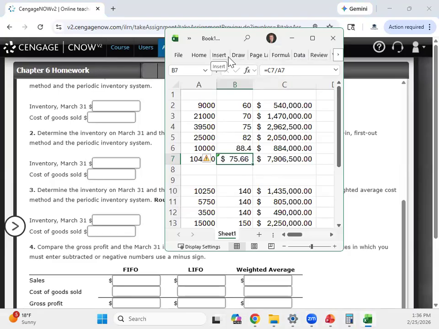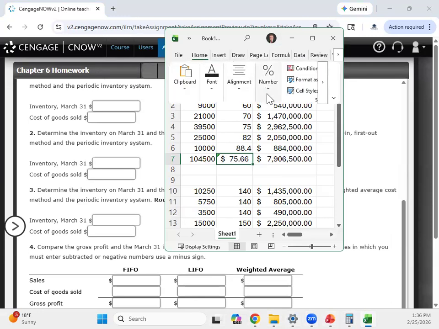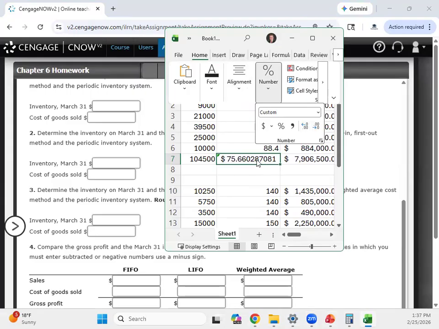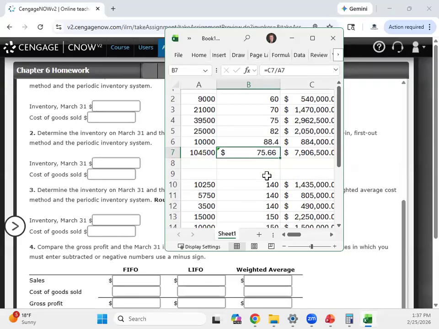For example, there are some additional decimal points if we do not round to the nearest cent. So we need to make sure that we're rounding to the nearest cent here.